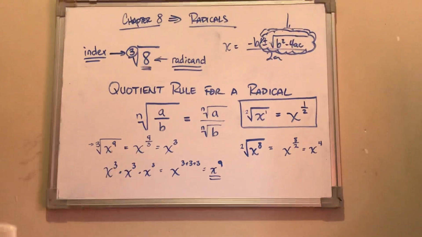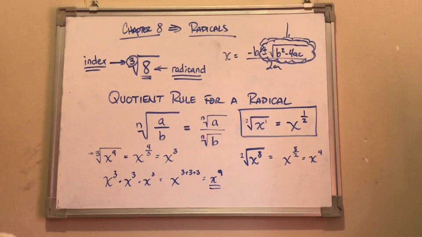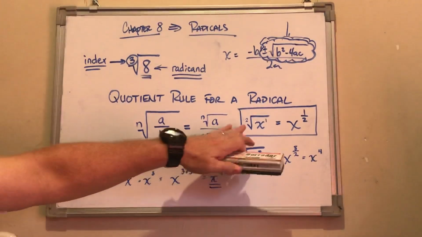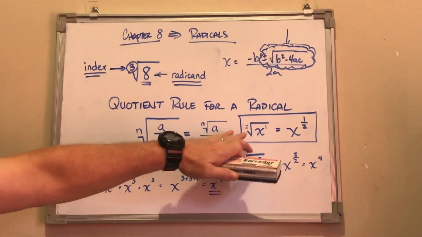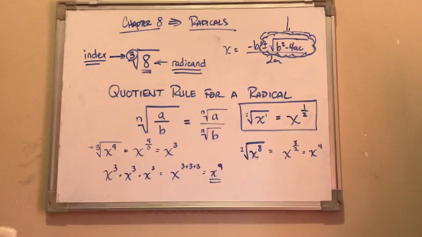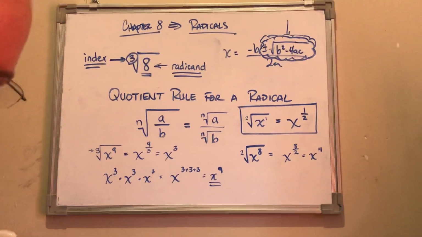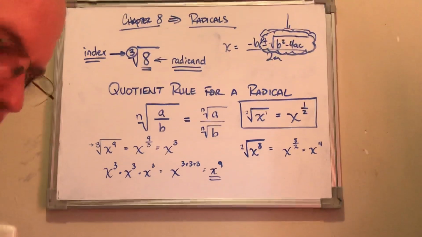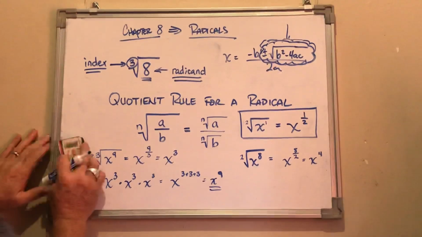So it works out. I think this is a little tip and a rule that you need to know with radicals. All right, so let's look at some problems for you guys to do.